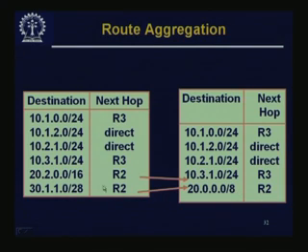Because of longest prefix match, whenever something in the 30 range comes, it will have a longest prefix match with this rather than with the other, because 30 is naturally closer to 20. So, instead of these two entries we keep only one entry in the routing table. This helps in reducing the size of the routing table.